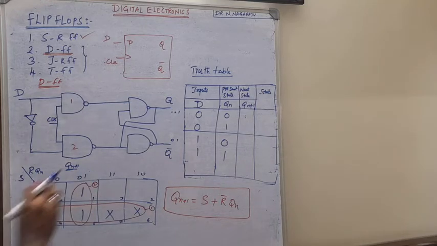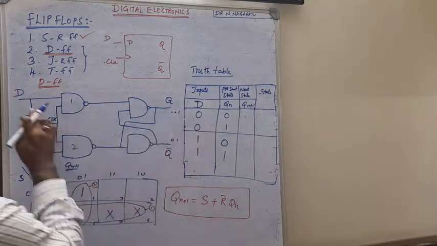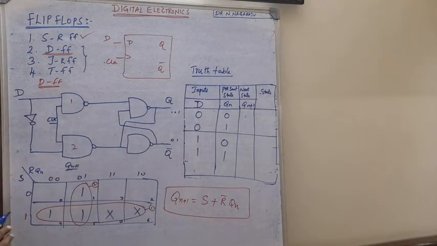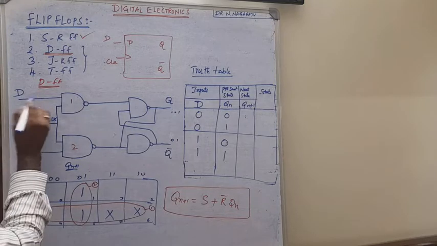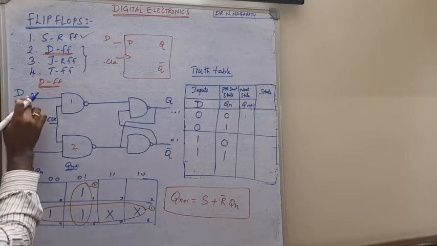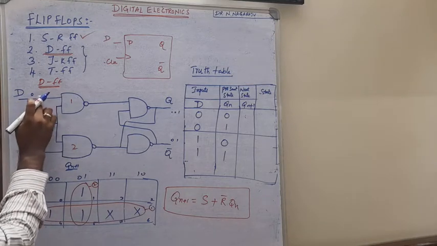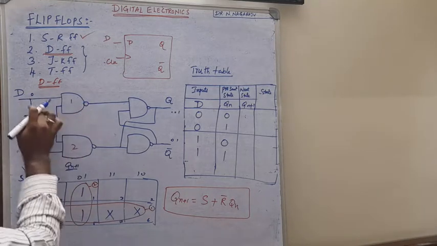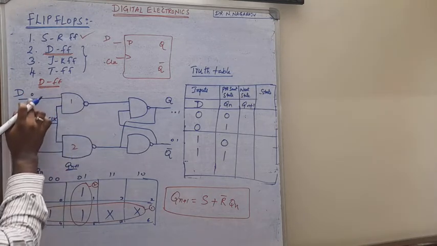Now we just analyze the circuit when D is equal to 0. When D is equal to 0, the set is 0. But what is the value here?